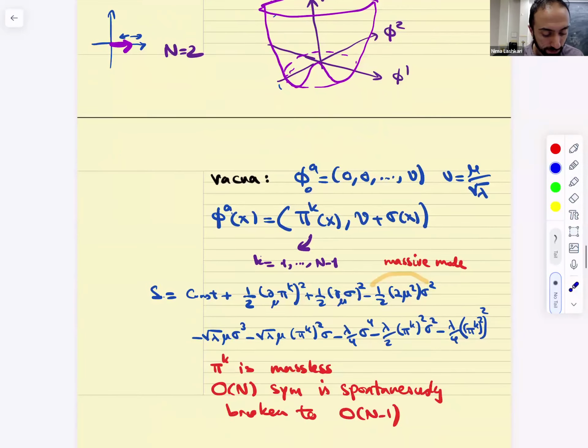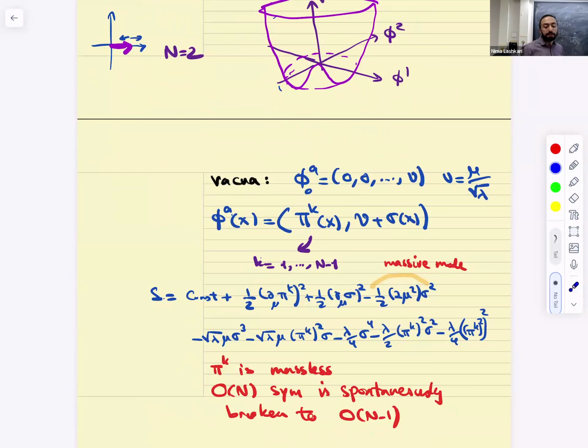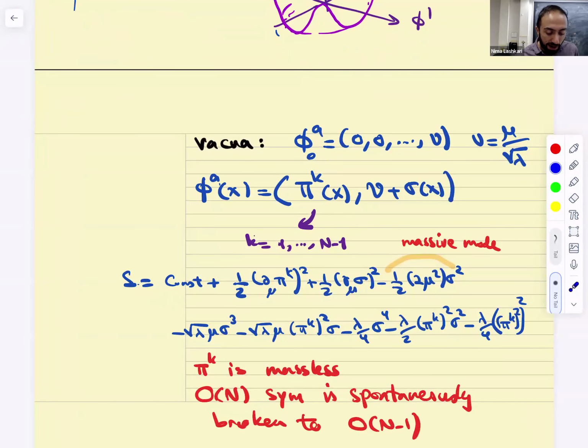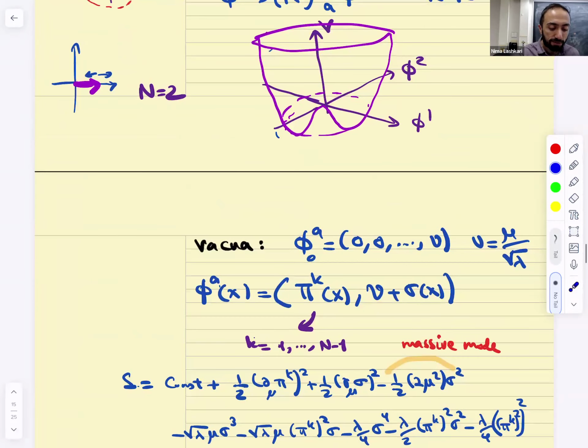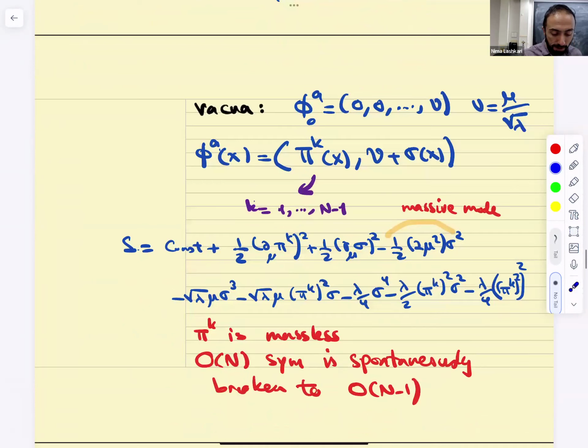Good. I take my action and write it in terms of these new shifted variables. What do I find? I find a kinetic term for these pi k modes, and a kinetic term for the radial mode. There's a constant piece, of course. Then I find a mass term for the radial one, which has to do with the fact that the potential's second derivative is positive.